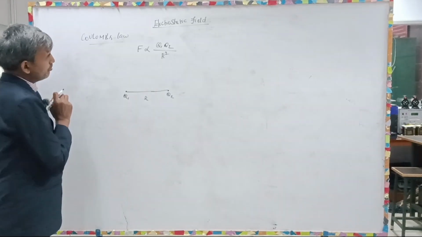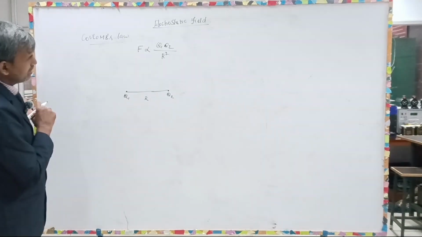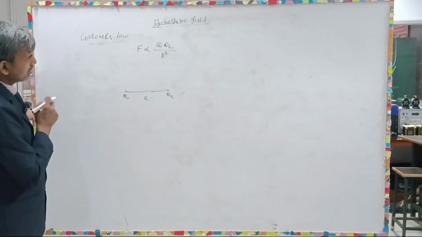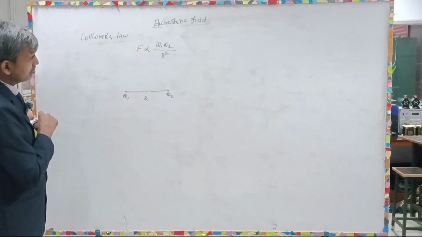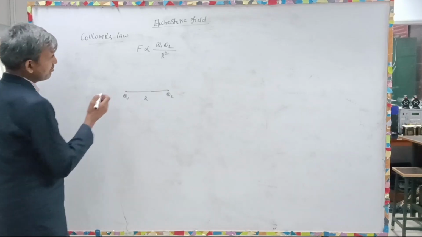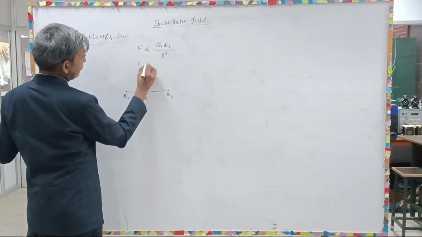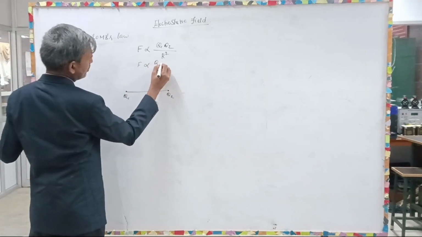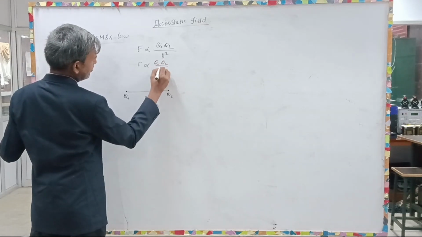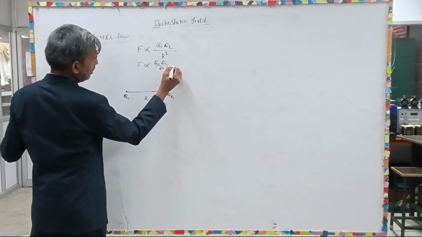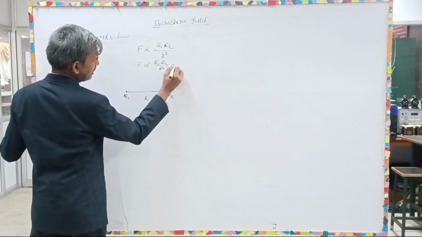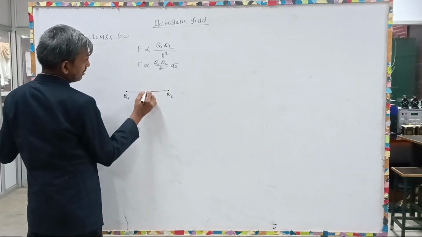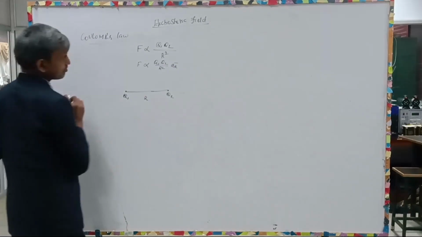Now the force in vector form. We are writing it in vector form, which means F is directly proportional to Q1 Q2 divided by R square along the unit vector AR.